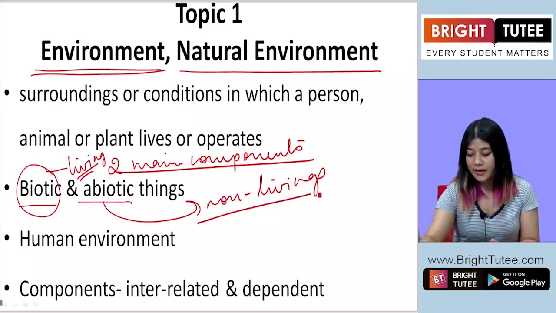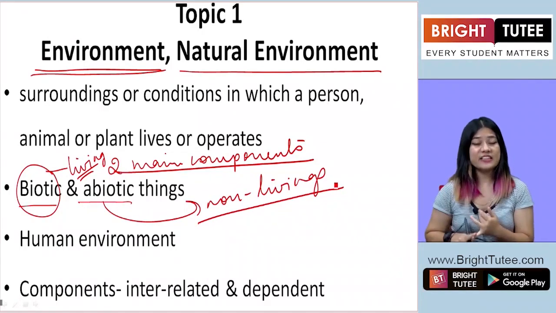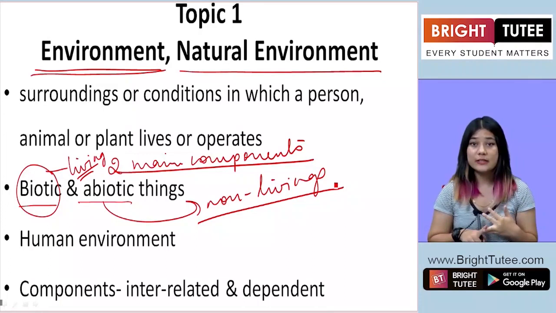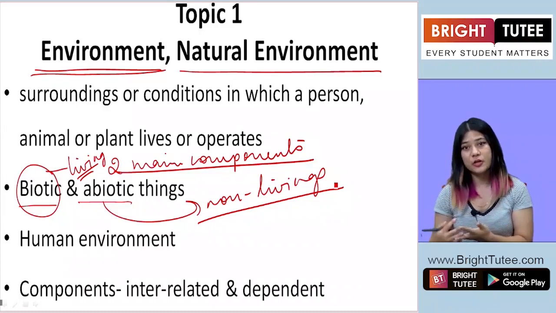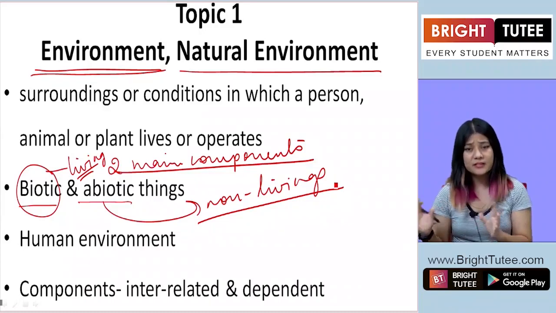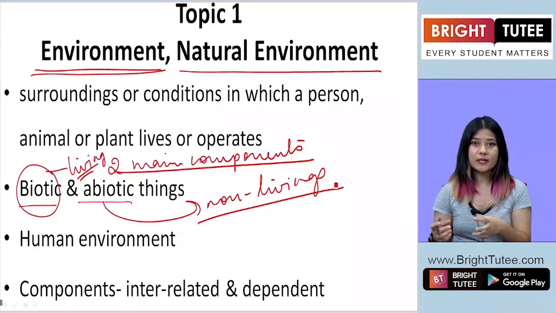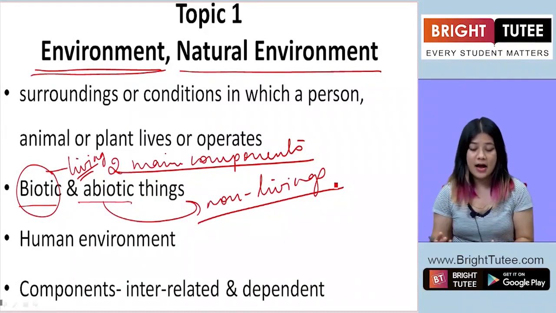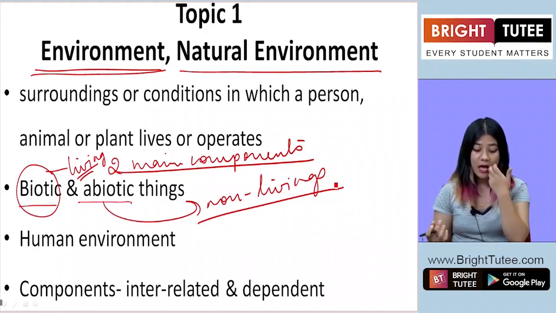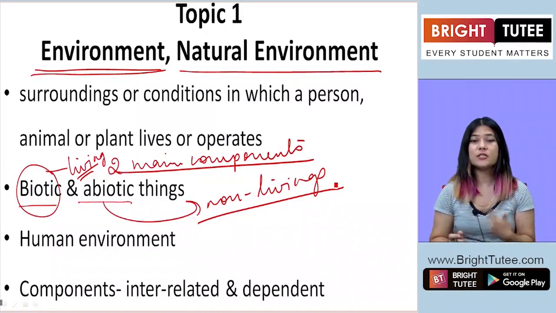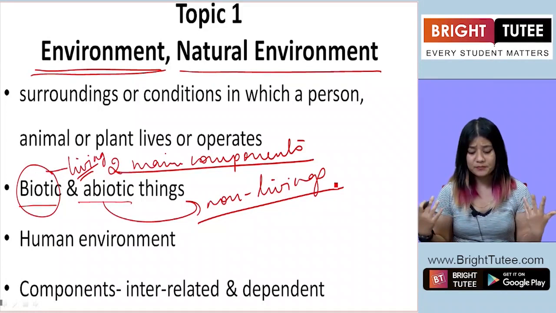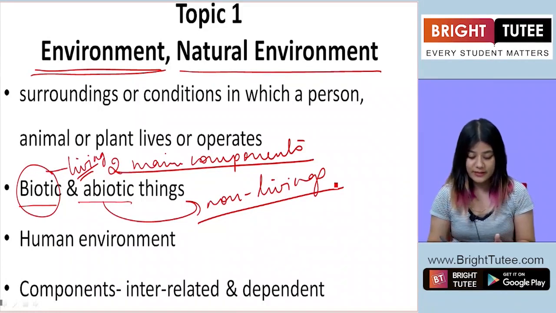So in our surroundings we have living things, we also have non-living things. We have plants, animals, which are living things. We also have germs, different microscopic organisms which we cannot see with our eyes, right? But they are living. And apart from that, there are also non-living things like air, water, land, etc.